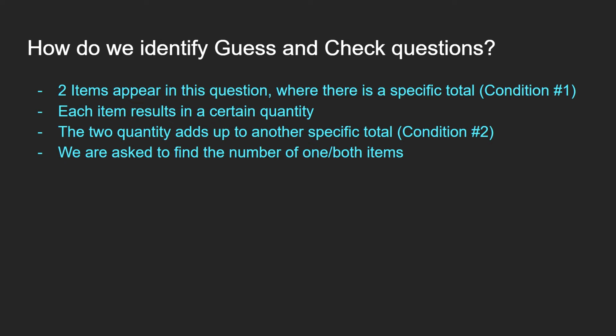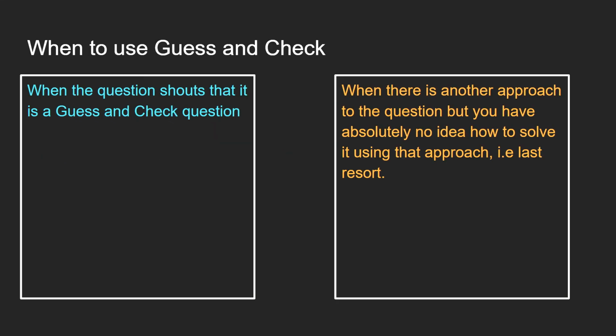And next we talk about a very interesting thing, which is when to use guess and check. So one part very obviously is when the question tells you that it's a guess and check question. Usually for guess and check questions, you can also use two other methods, which I'll also be covering in future videos. One is called assumption, which is a substitute for guess and check. And you can also use simultaneous equations for more advanced learners of algebra.